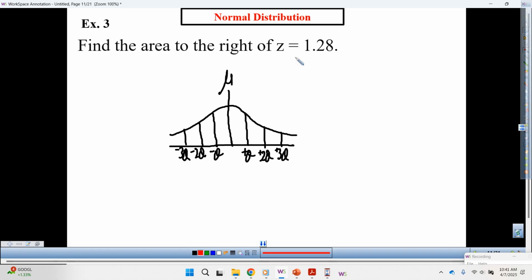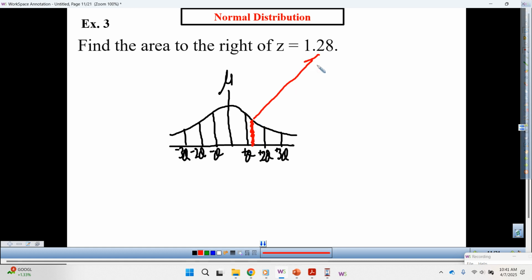Carter, tell me where to place my Z of 1.28. Starting at mu, where do I go? To the right? Right there. Pretty close. Hands up if you got something like that.